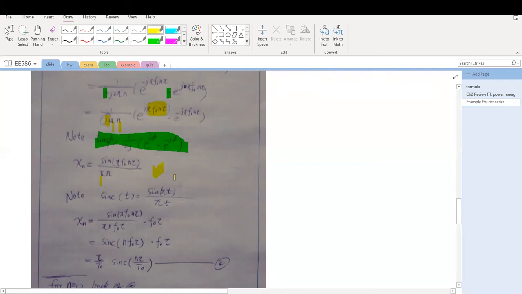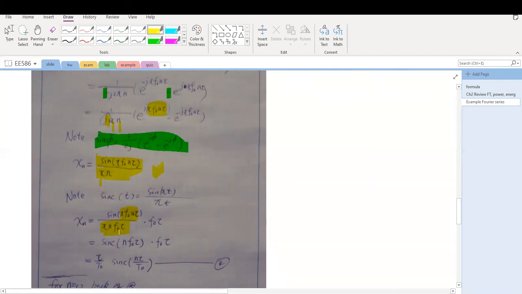Up to here, this is okay now, but we want to simplify a little bit using the sinc function. Recall that sinc t equals sine pi t divided by pi t. So we want to organize this result a little bit using sinc t. We want to have the same argument here, pi and pi, such that we can use the format of sinc t here.